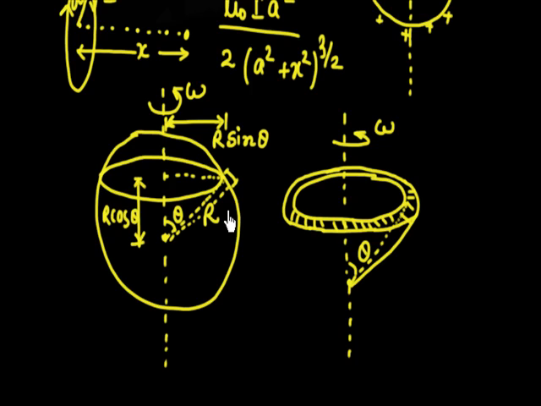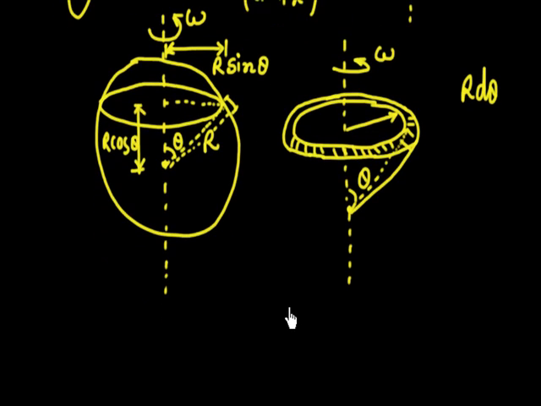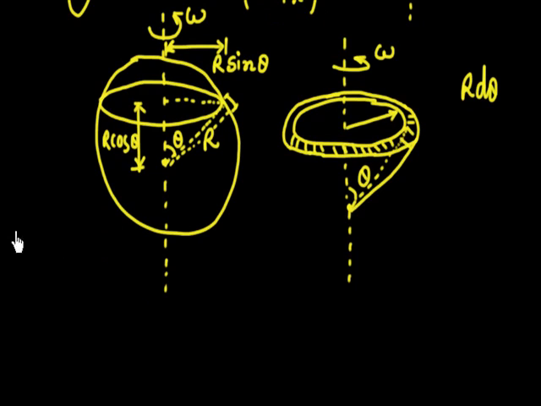So the thickness is R d theta. The circumference is 2 pi r, but r is R sin theta. So what is the area of the elemental ring? Now I can write here the area of the elemental ring.